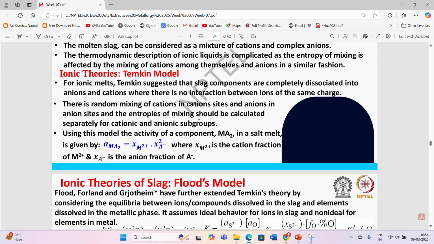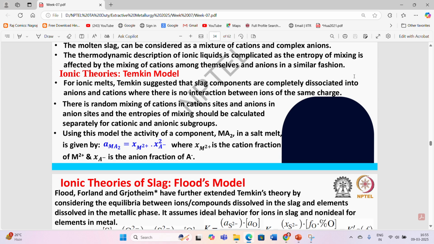So, first one is ionic theories. There is the Temkin model. For ionic melts, Temkin suggested that slag components are completely dissociated into anions and cations, where there is no interaction between ions of the same charge.